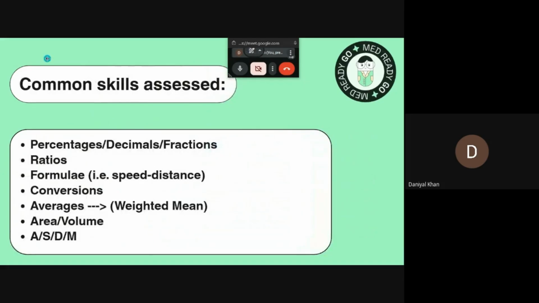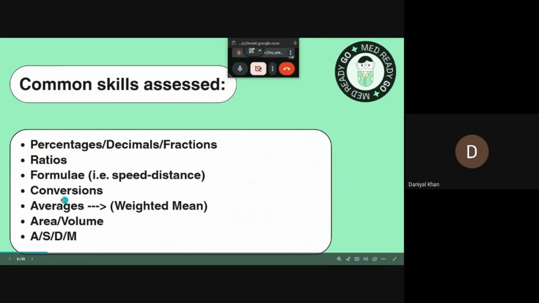And these are the common skills assessed, once again, stuff that you've already done throughout secondary school. So percentages, decimals, fractions, ratios, formulae. So you will have the speed, distance formula, and I believe sometimes you might be asked about the density, mass, and volume formula. Apart from that, you will be asked other questions, for example, to do with volume or area, but more often than not, they'll give you the actual formula underneath the question.